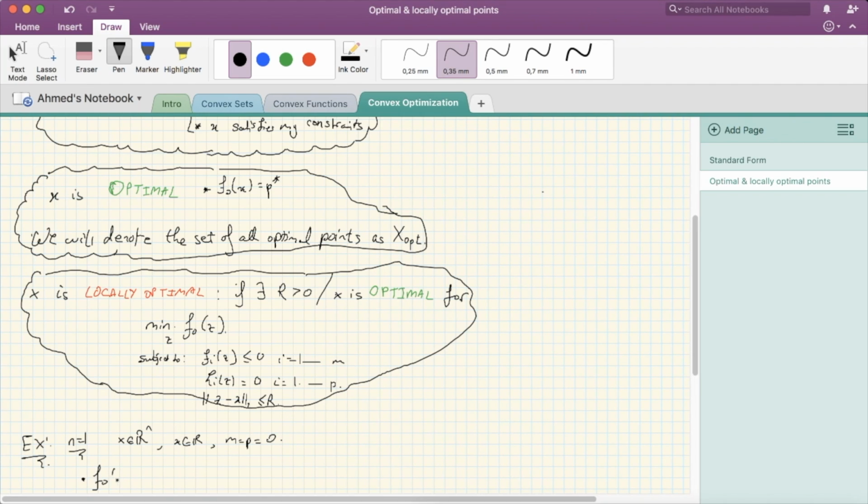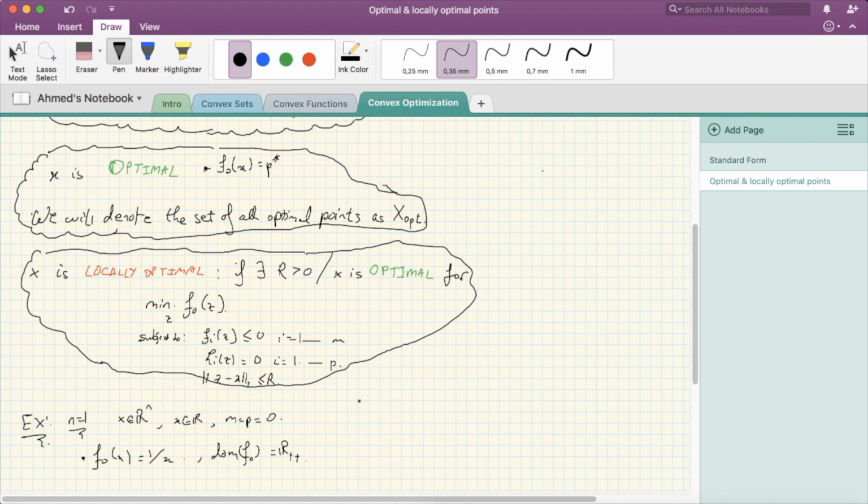If I'm working with the following cost, 1 over x, the domain of f0 is R++. The first plus means non-negative real numbers. The second plus means we're excluding 0. So all strictly positive real numbers. And what is p star for this problem? It's minimizing f0.